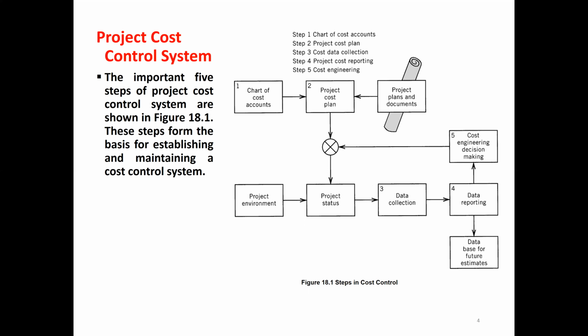So these steps are like: we have the chart of cost accounts. The second, we have a project cost plan. So for our project, we will prepare the cost plan. And then third is we collect the cost data.